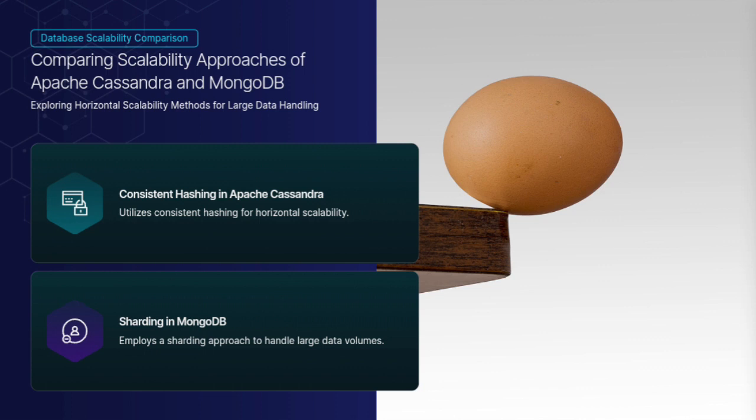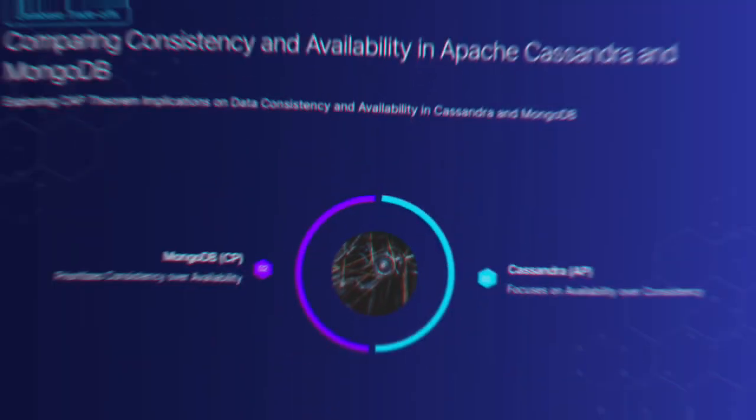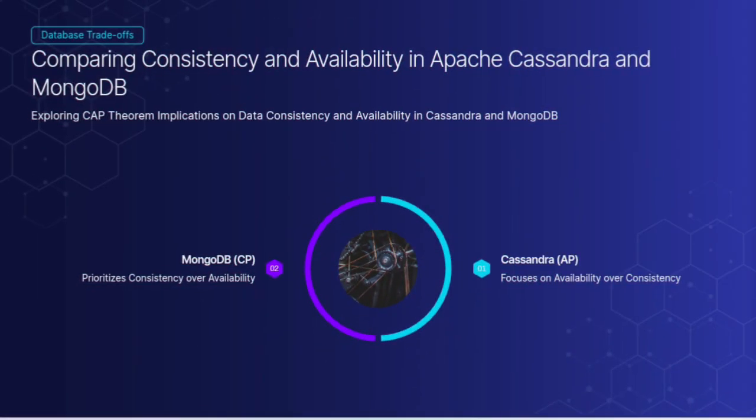MongoDB's sharding capabilities provide flexibility in data distribution and performance optimization, catering to growing data volumes and diverse use cases.